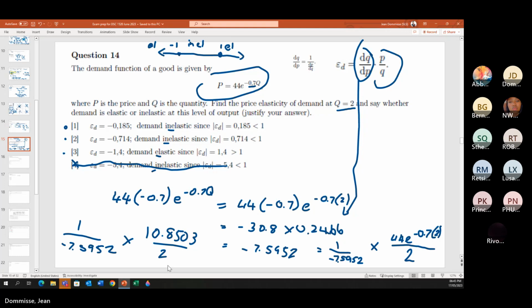So if I have that nearly 10.8 divided by around 14, my answer, and you can check on your calculators, will be 0.7143. Which is option 2.